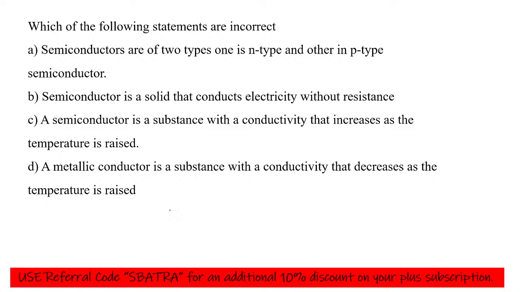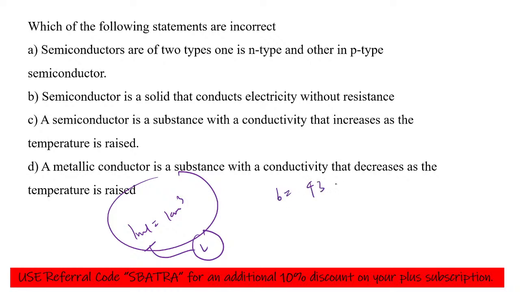You can do this conversion. Volume is nothing but 1 ml, and 1 ml is 1 centimeter cube, and you can now convert this ml to liters. See, the B value is 43 centimeter cube mole inverse.